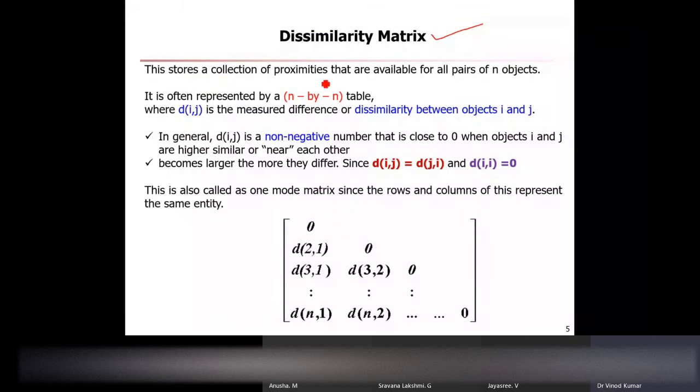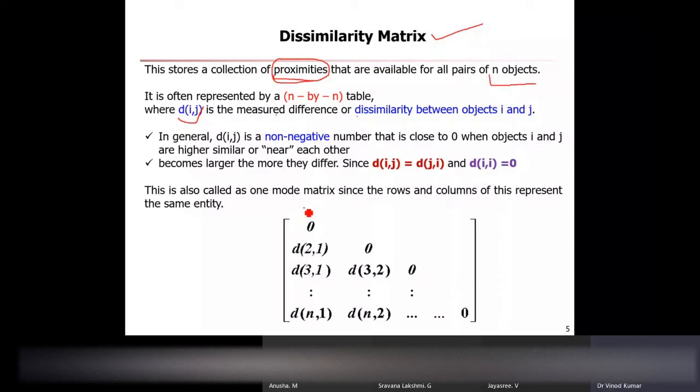This stores a collection of proximity. Proximity means nearness. That are available for all pairs of n objects. It is often represented by an n by n table, where dij is the measured difference or dissimilarity between object i and object j.